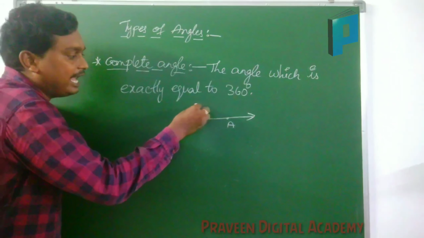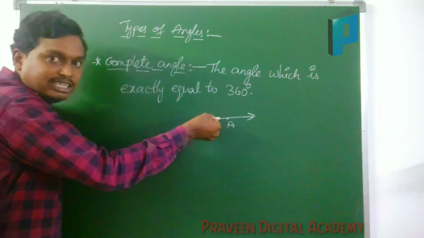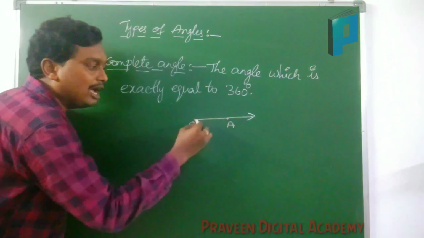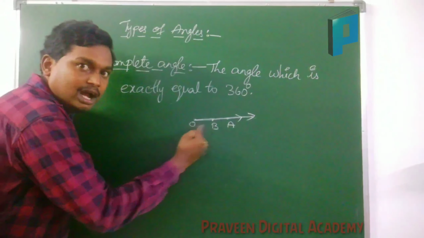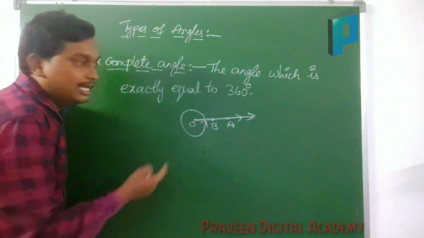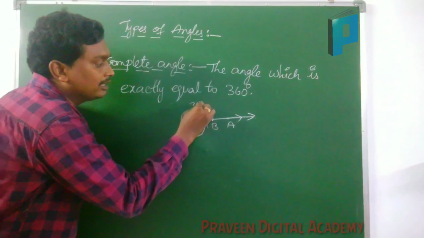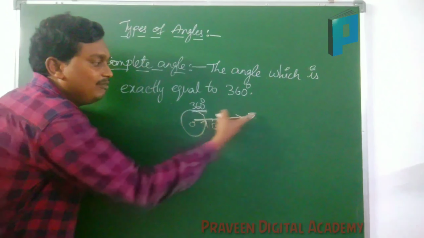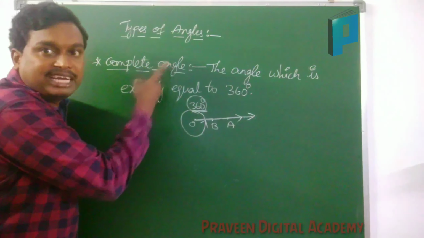After completing a revolution, this terminated ray will rotate completely and again come to the OA ray. The terminated ray will also be on OA. It means it will complete one revolution. If a terminated ray completes one revolution, that will have 360 degrees. Here the angle which is exactly equal to 360 degrees is called complete angle.